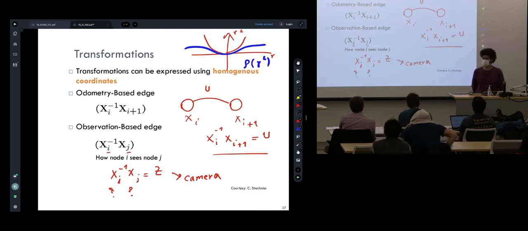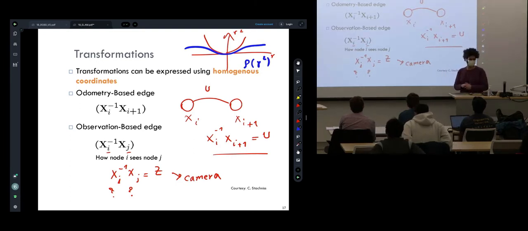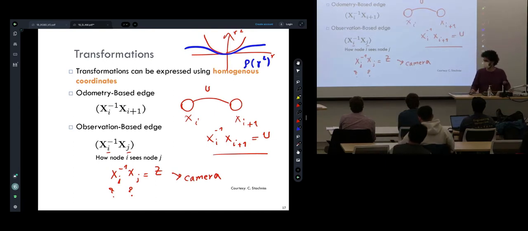But in practice, where to start the search? There are so many previous nodes in the history. You might have thousands of nodes and locations in the map that you can look for establishing loop closures. Just searching for every frame to find all possible loop closures, that's combinatorial, and that will grow exponentially. So that's a big problem in practice.